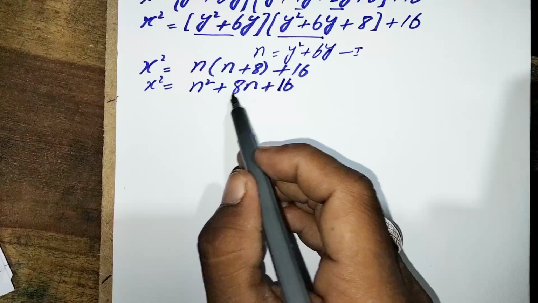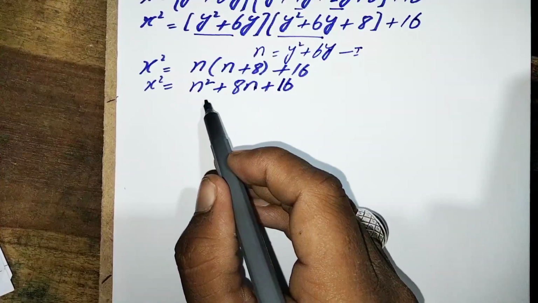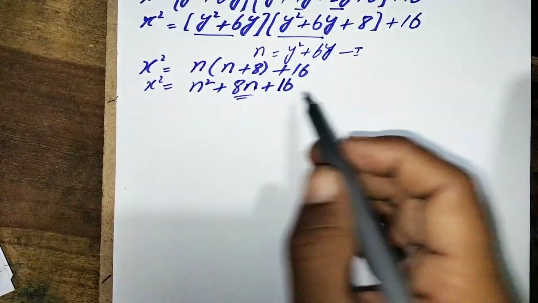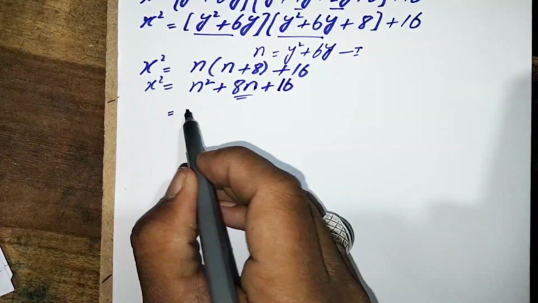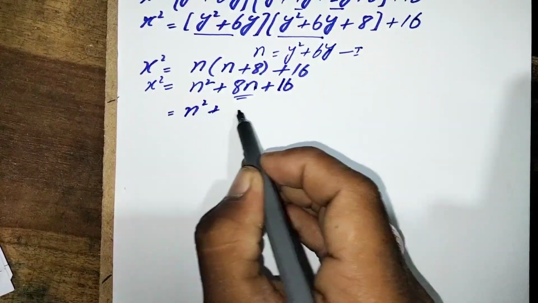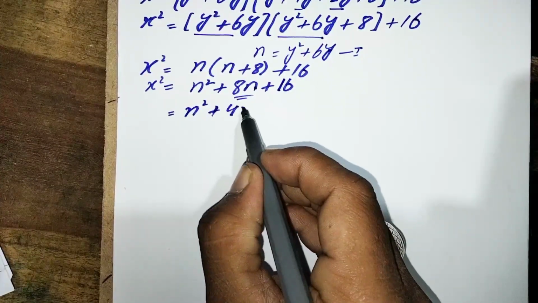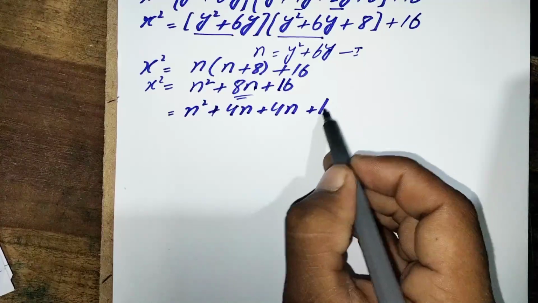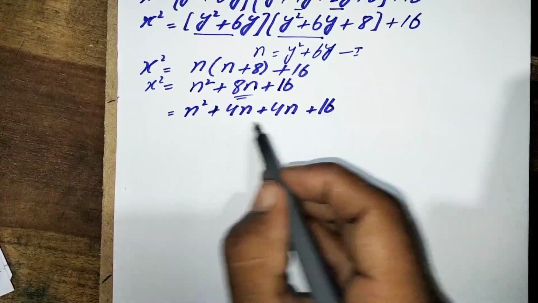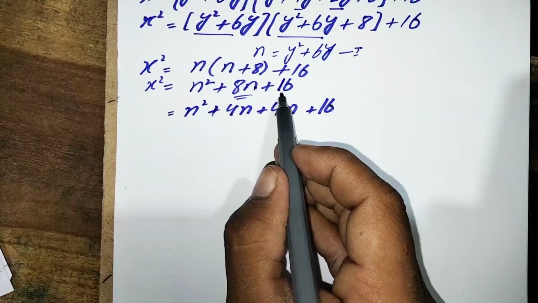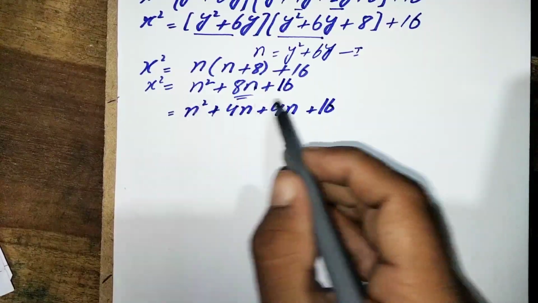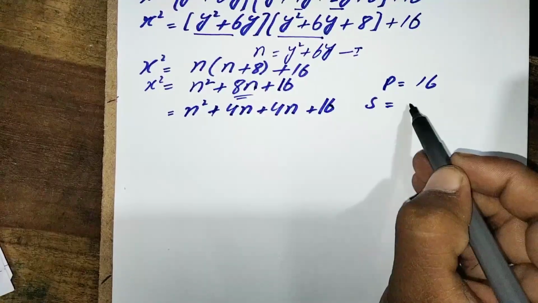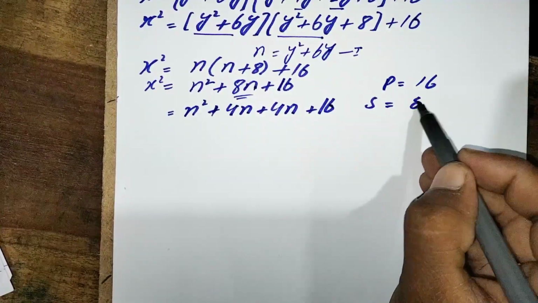Now we multiply these two by this n, which is equal to n square plus 8n plus 16. Now students, we make this factor like n square plus 4n plus 4n plus 16, because the product of these is 16 and the sum is equal to 8.